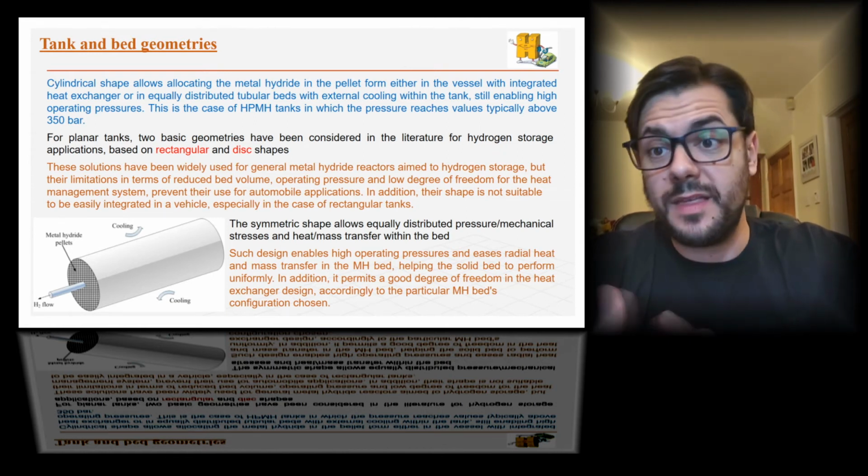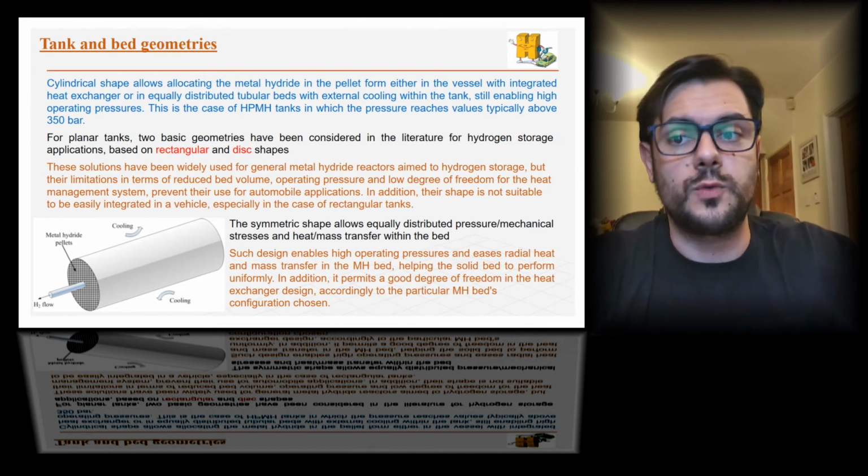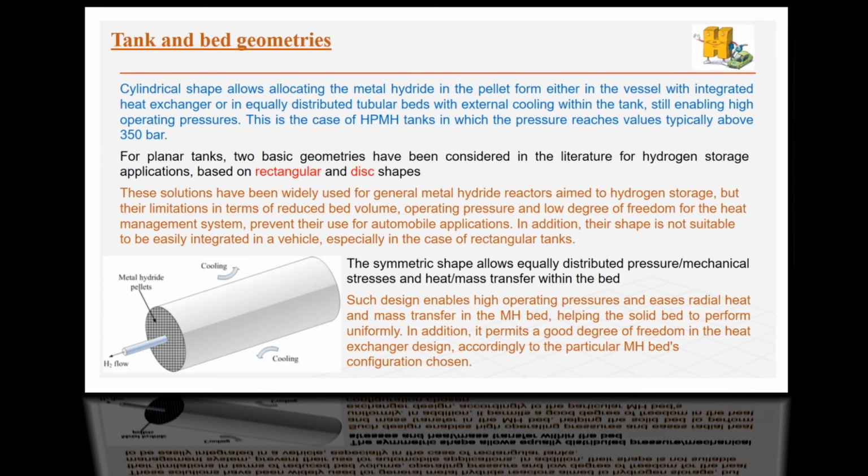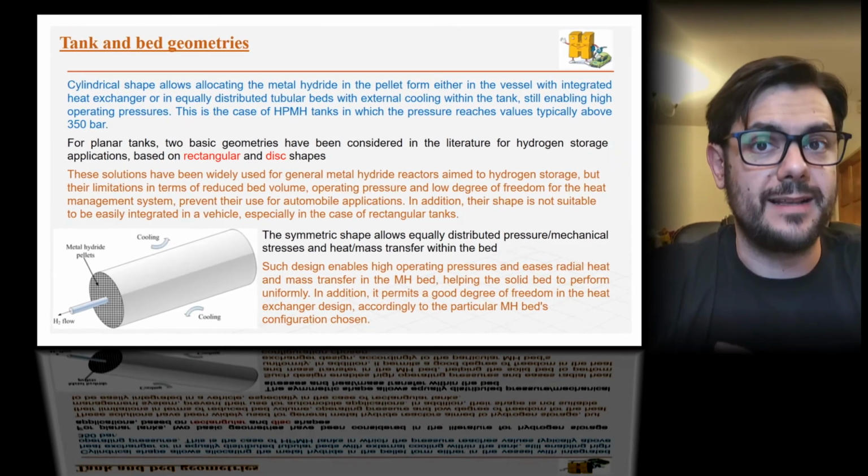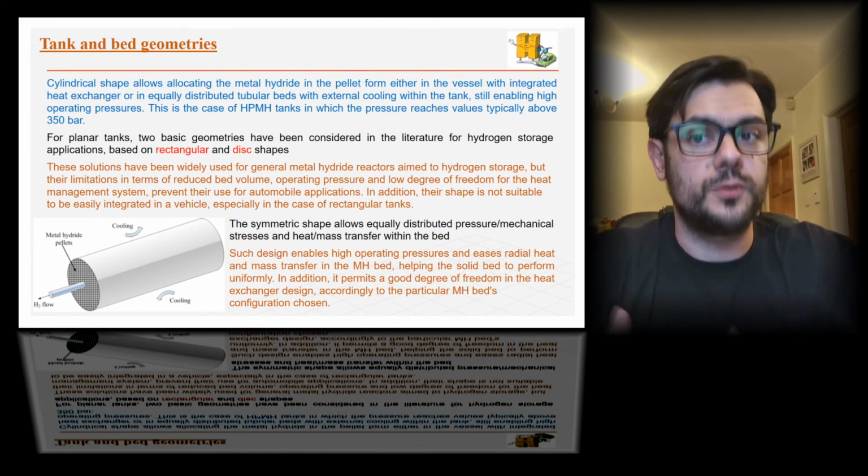With pellets and effective thermal management, we can maintain high-pressure metal hydride tanks where the pressure can go up to 350, and in some cases, when it comes to hydrogen compression, maybe up to 800 when the hydrogen is desorbed.